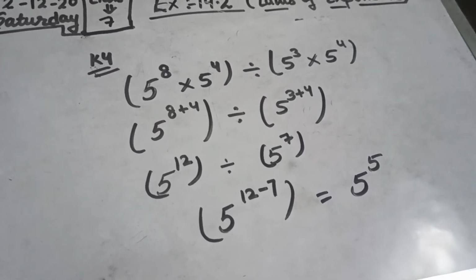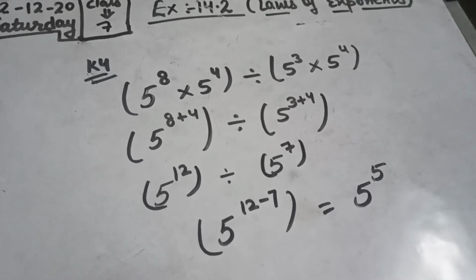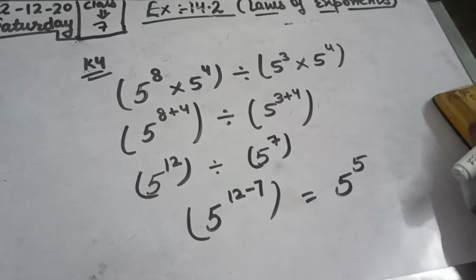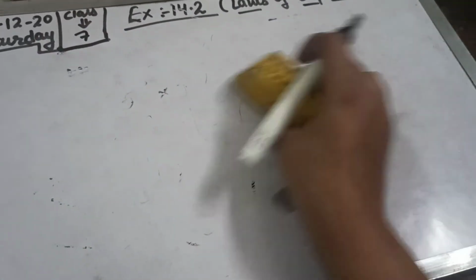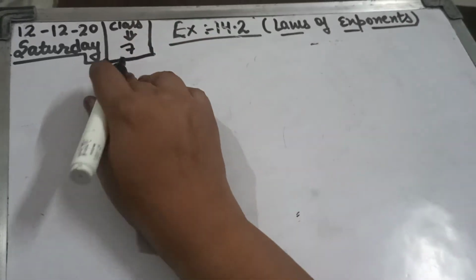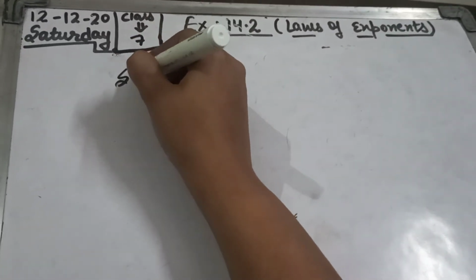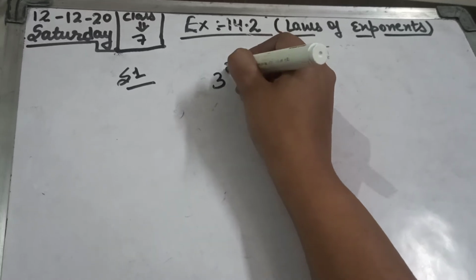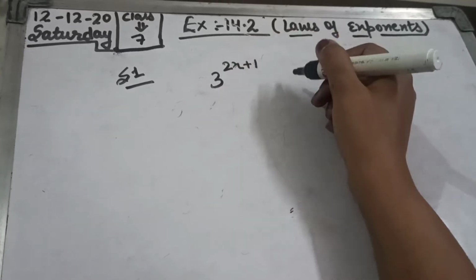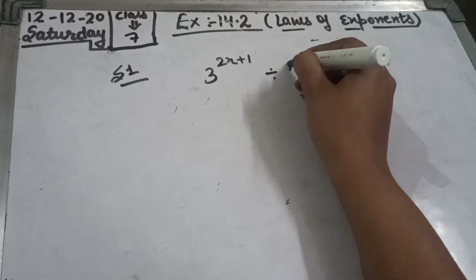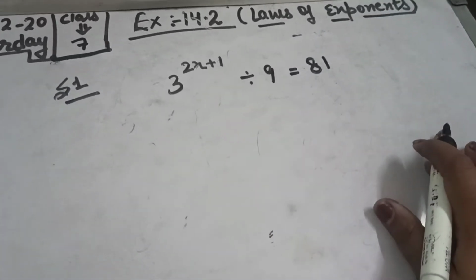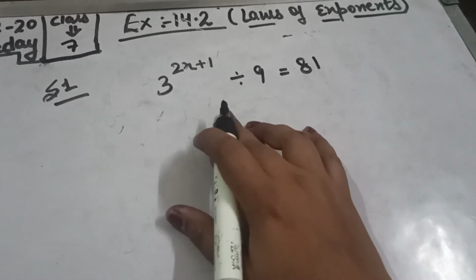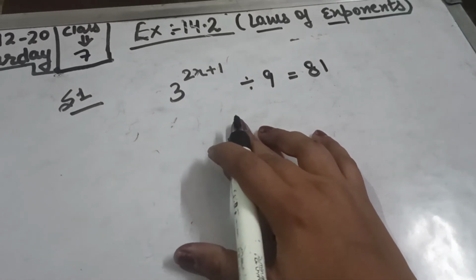Now come to S1. That is, if 3 to the power 2x plus 1 divided by 9 is equals to 81. Right? We will solve it.